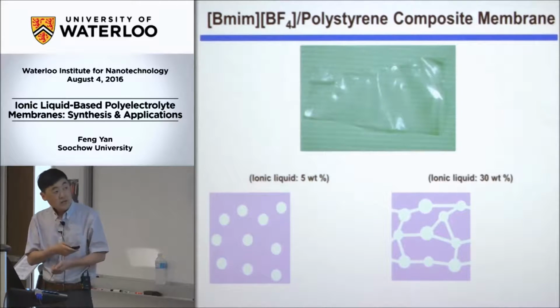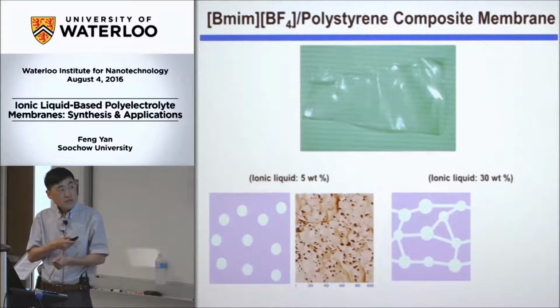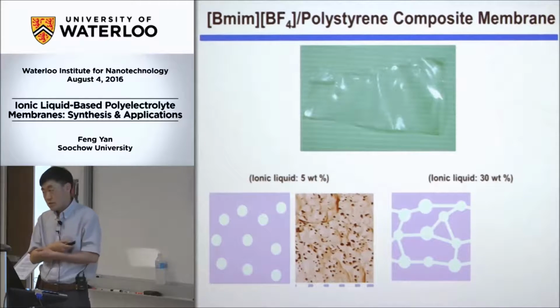We characterize this membrane with the AFM, and you can see if the ionic liquid content is a small amount, for example 5%, you can see the nano droplets of ionic liquids. It's very similar to the cartoon pictures which we drew before.